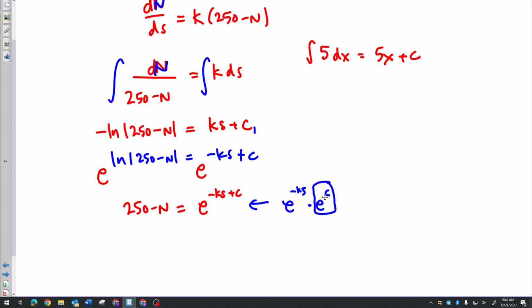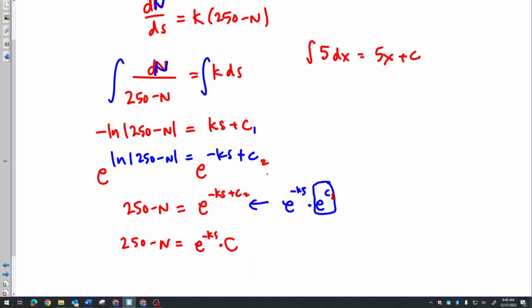So this is just another c, some other c that we don't know. So I'm going to rewrite this as e to the negative ks times some other c. I'll call this c2. So this c here is equal to e raised to the c2, which is just some other c.